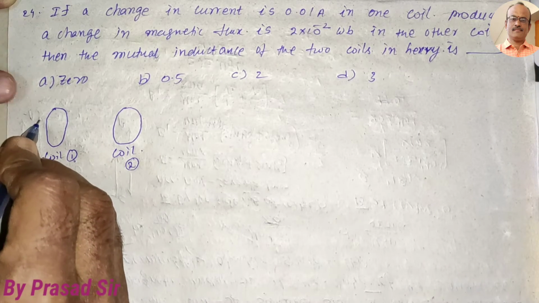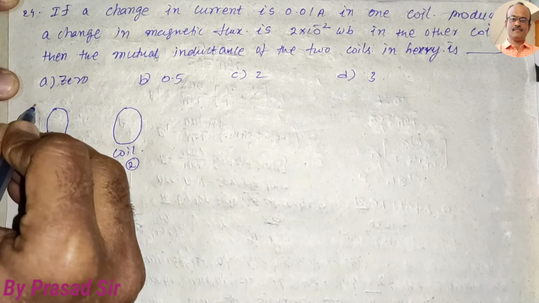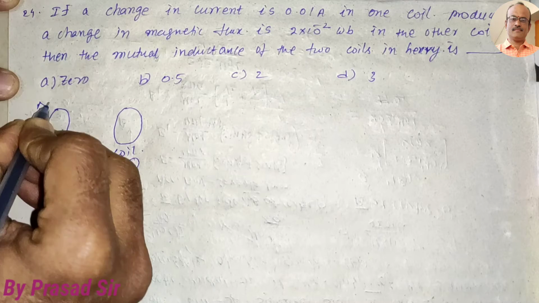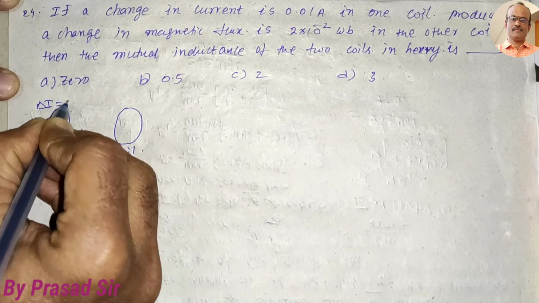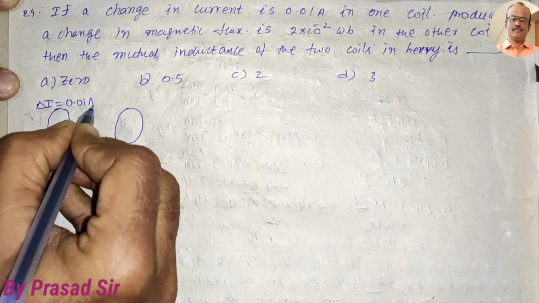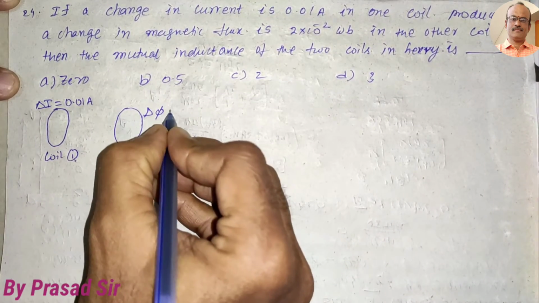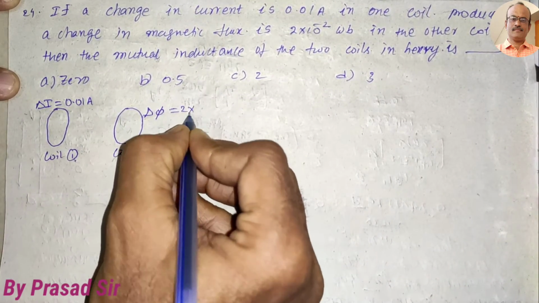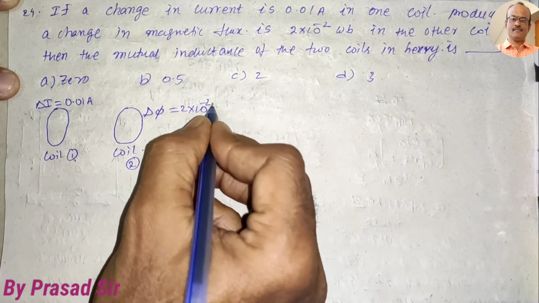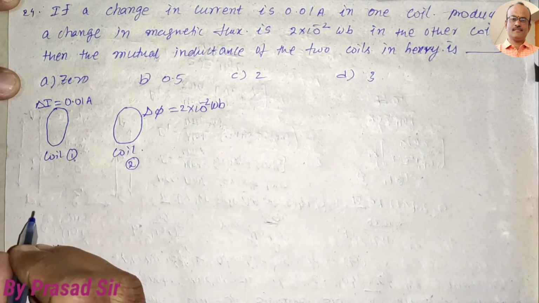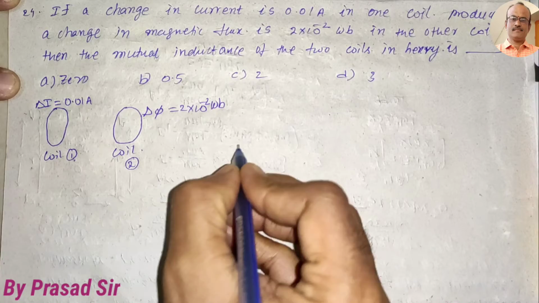In coil 1 the change in current, delta I, is equal to 0.01 amperes. Due to this we get the change in flux in the second coil, 2 into 10 to the power of minus 2 Webers.